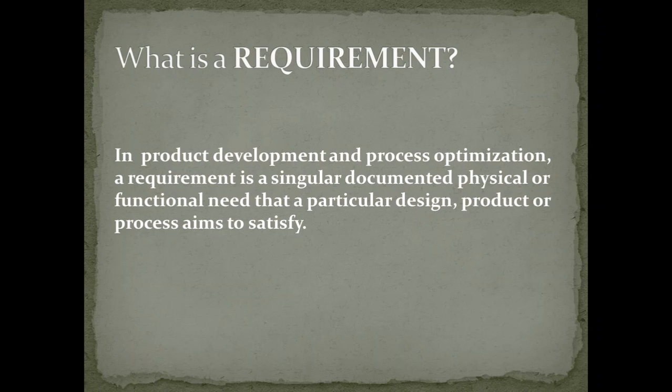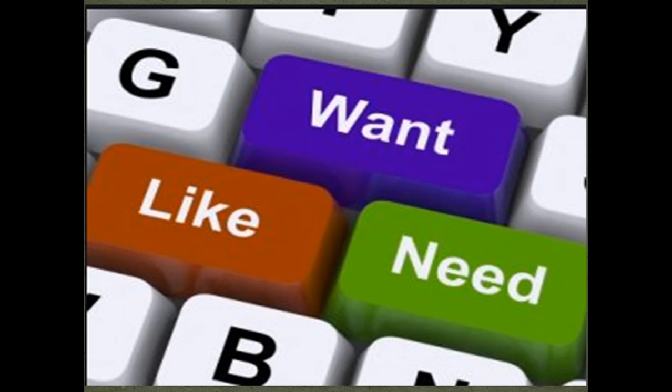This requirement can be for anything and everything. It can be for a process improvement, or a product improvement, or for product development from scratch. You can see the last three words say aims to satisfy. So a requirement is decided so that it is satisfied in the process optimization or in the product that is being developed.